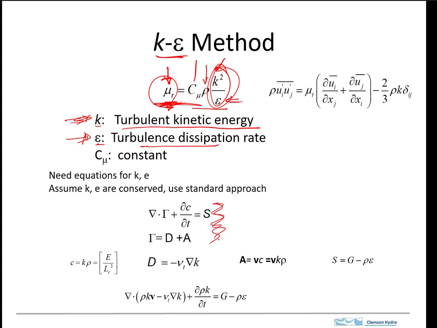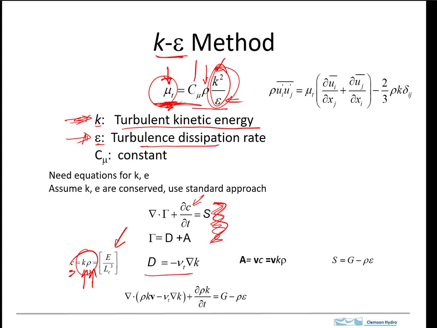This is our standard conservation equation, and for the turbulent kinetic energy, the C term, the turbulent kinetic energy per unit volume of the control volume, ends up being K times the density of the fluid. So C is equal to that when we're doing conservation of the turbulent kinetic energy.